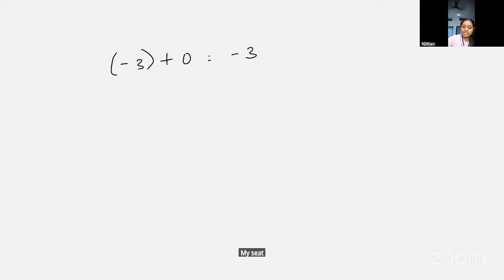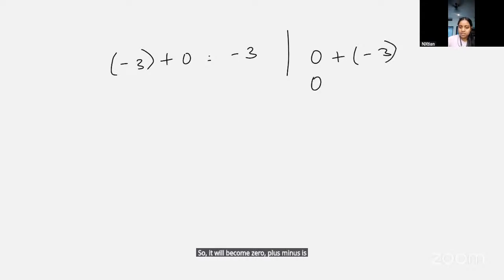Or if I do 0 plus minus 3, I will get minus 3. So that tells us what?